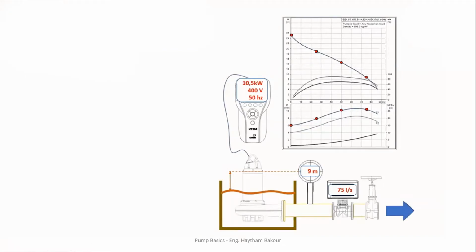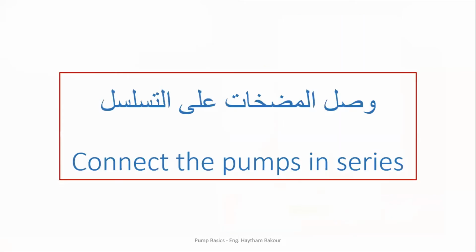We have explained how we draw those curves, and to understand better how it is going to be affected through the power curve, here everything is changing, varying based on the flow rate.